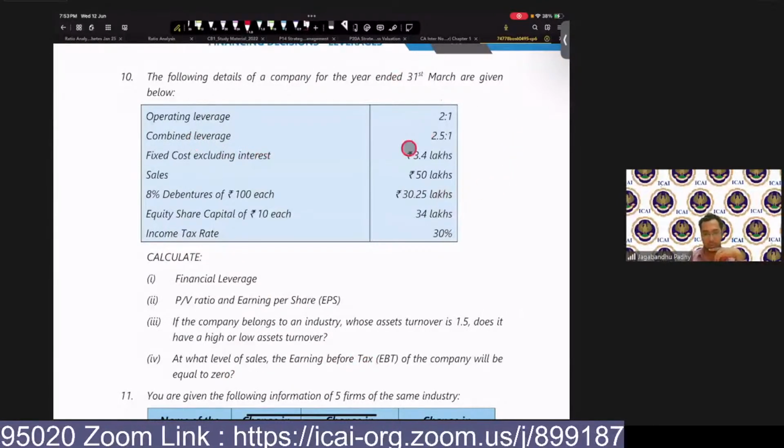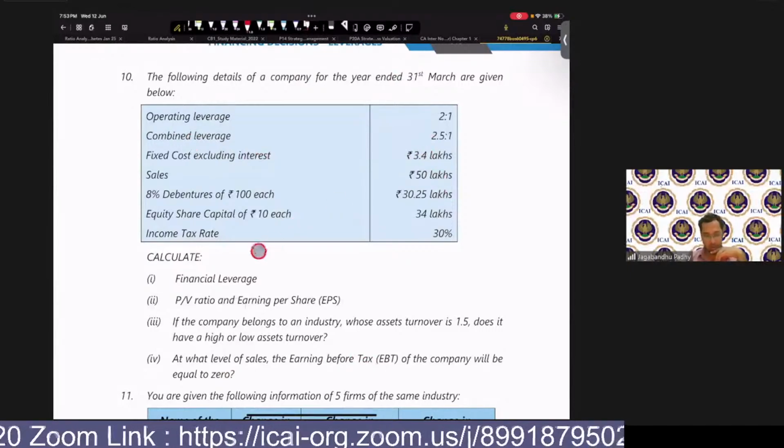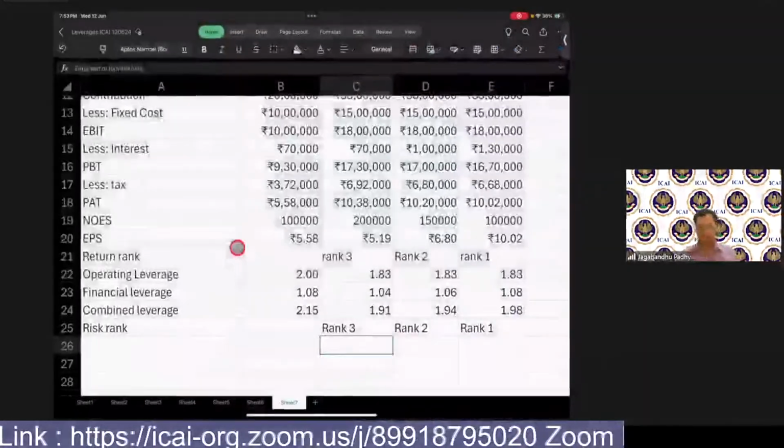So you've got the details given here. If you want to compute these, just start and solve it.